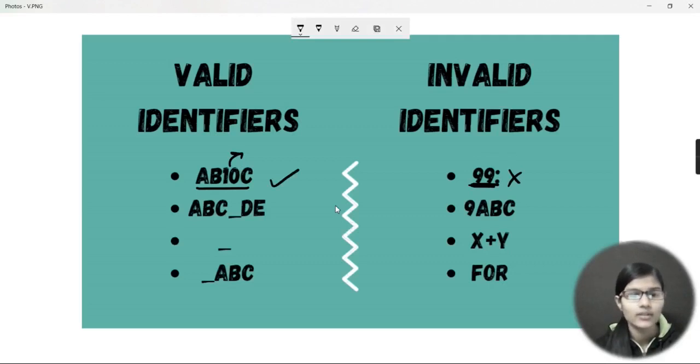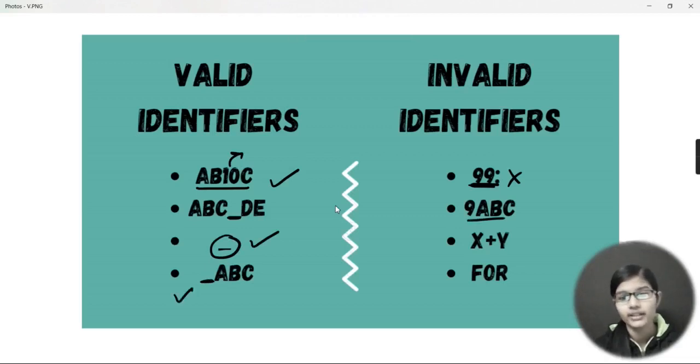After that, I have already told that we can use an underscore inside a variable to declare the identifiers, and underscore is the only special symbol which we can use in our identifier. So ABC underscore is totally fine. Only underscore is also fine, and we can even use the underscore in the starting also. After that, what's the error here? We can't use a number. Clear?